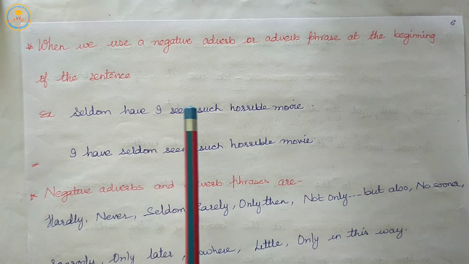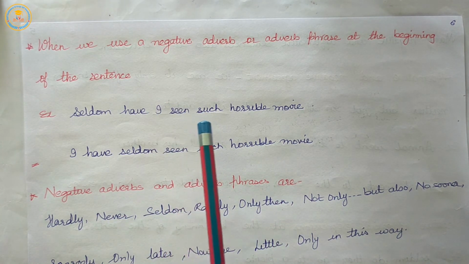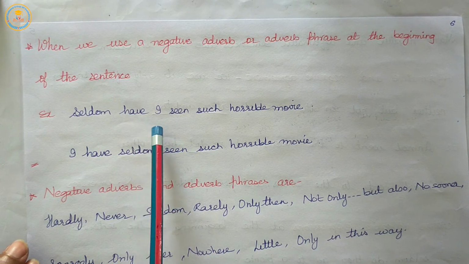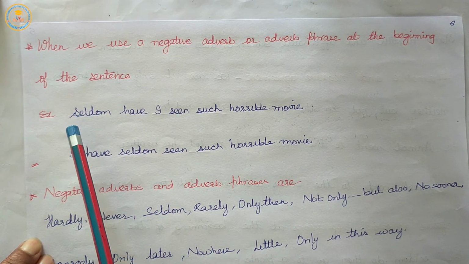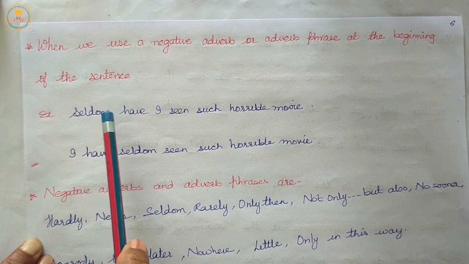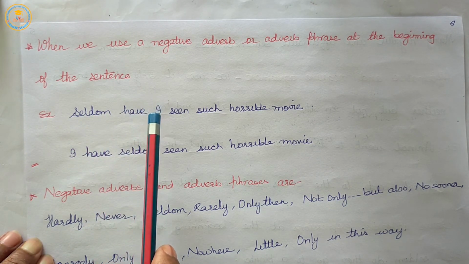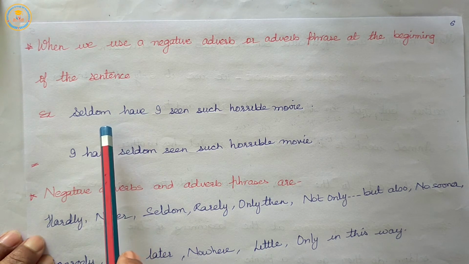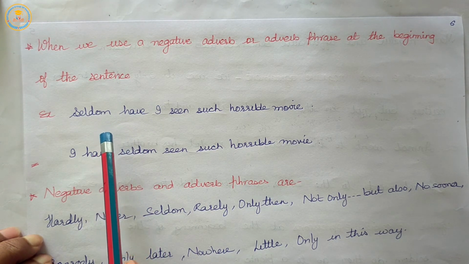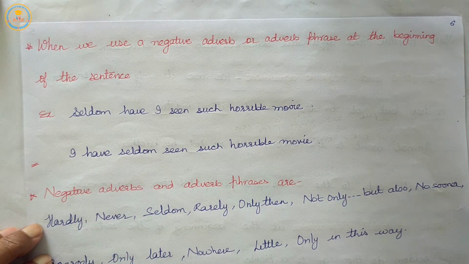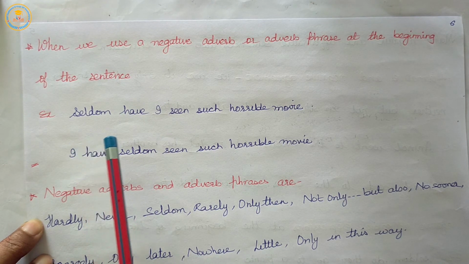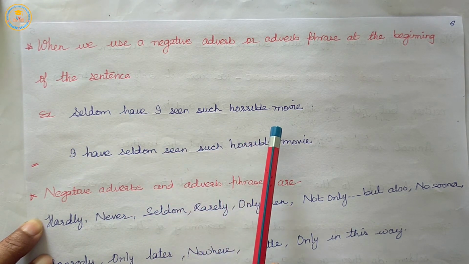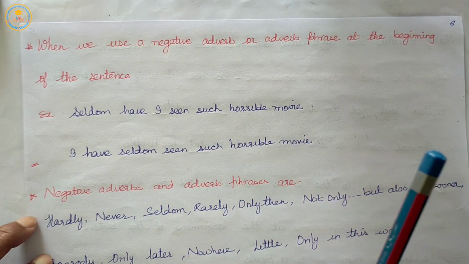Now listen carefully about the use of inversion. First, usually we put the expression at the beginning of the sentence to emphasize what we are saying. It makes our sentence sound strong. If we do not want to give that impression, then we can put the negative expression later in the sentence in the normal way.